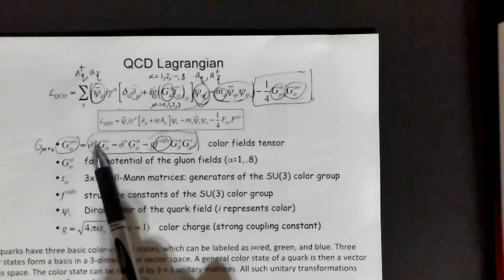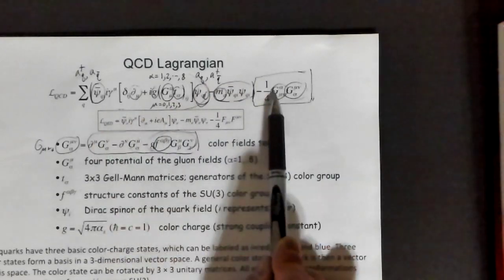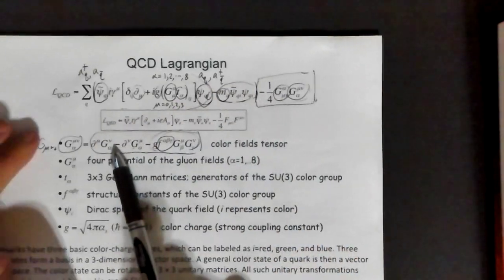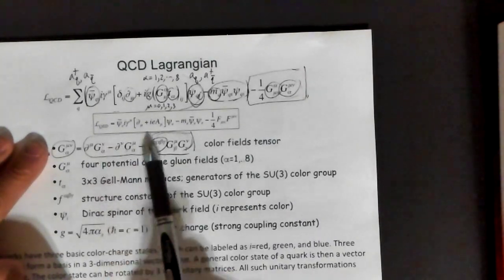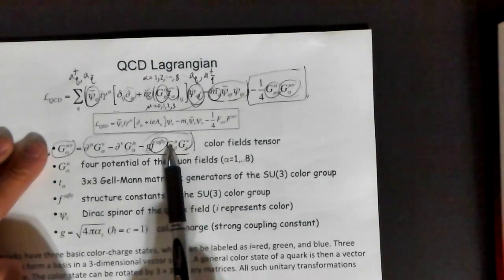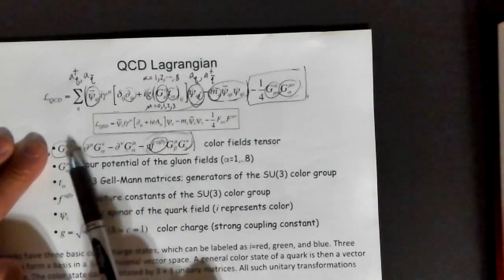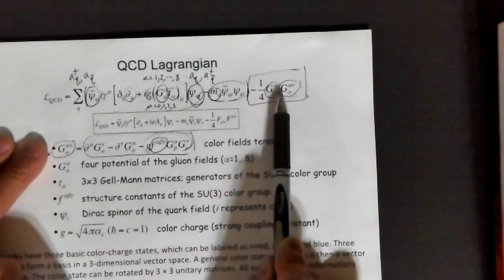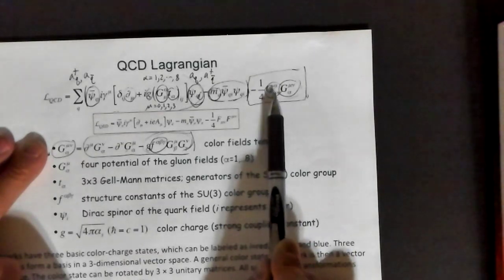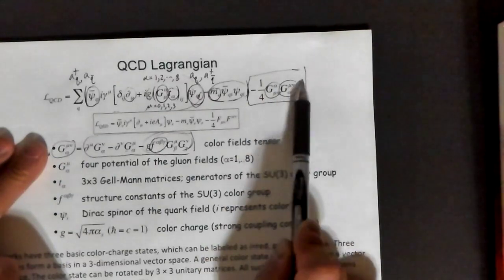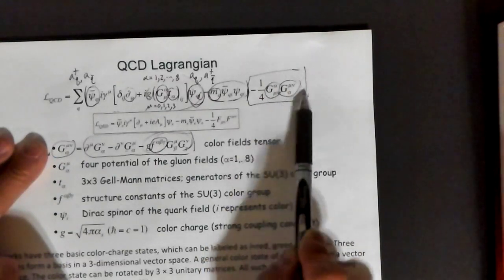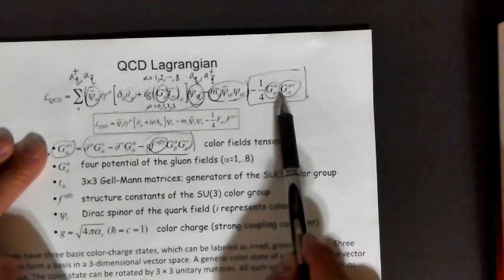All right, and there was a complication to this G mu nu term here, that for the gluons, not only did we have things with derivatives, but we had things that were quadratic in G. And so if you put this back into here, you see that you end up getting terms that are not just quadratic in G in the whole term here, but you get cubic terms, 3 powers of G, as well as 4 powers of G.